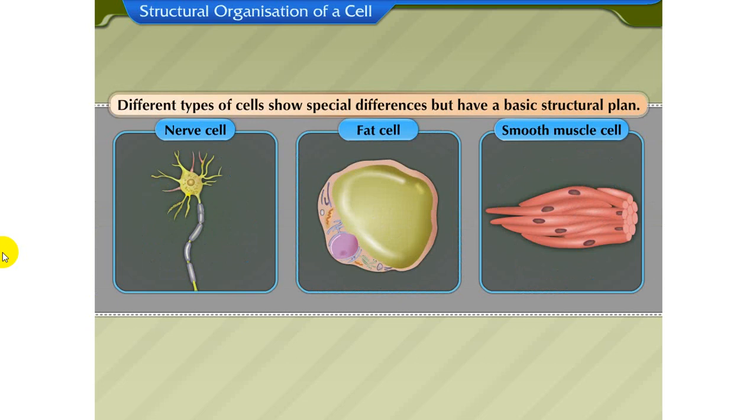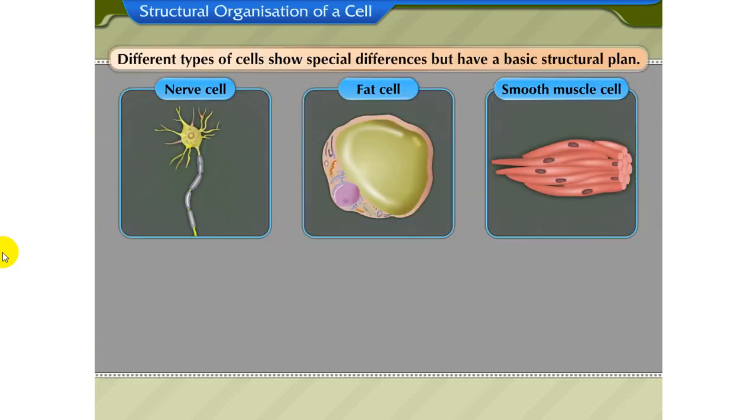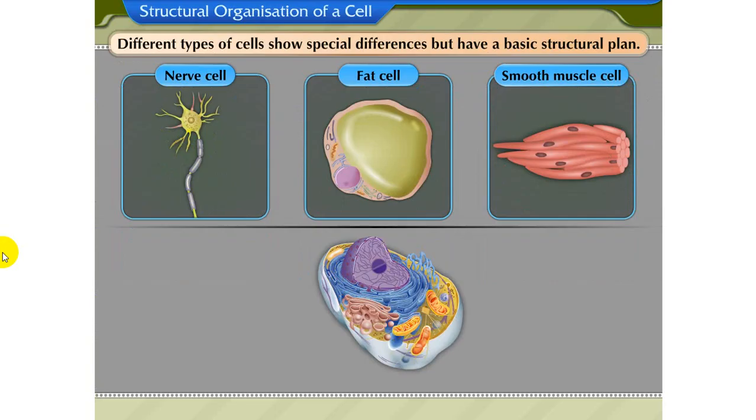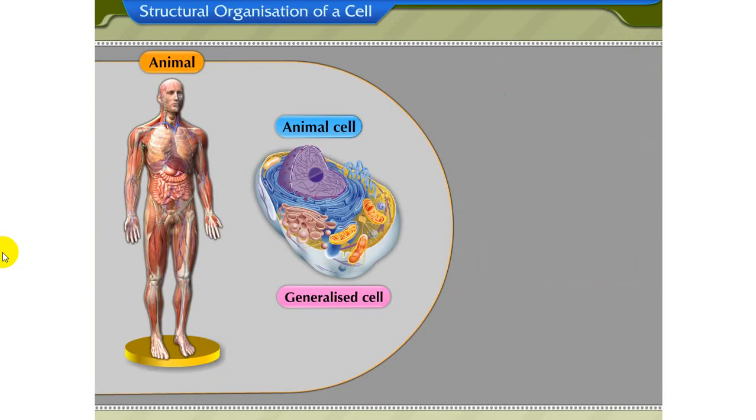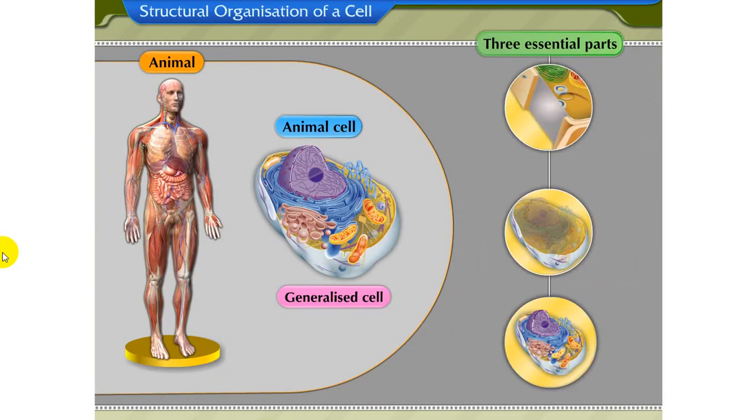Different types of cells show special differences, but they all show a basic structural plan. This basic plan is expressed in a generalized cell. A generalized cell has three essential parts: a cell membrane or a plasma membrane, cytoplasm, and a nucleus.